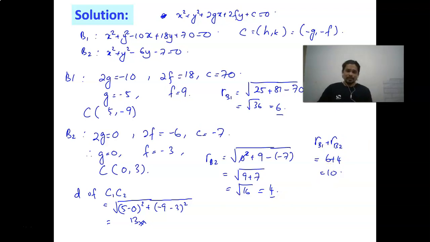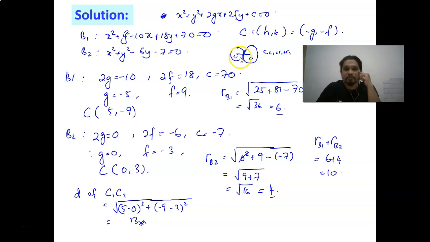Okay, so if both of the circles touch at one point, it means that the circles touch something like this. Okay, so the center and the center here, and radius, another radius. So the distance from center 1 and center 2 is also equal to the radius 1 plus R2.